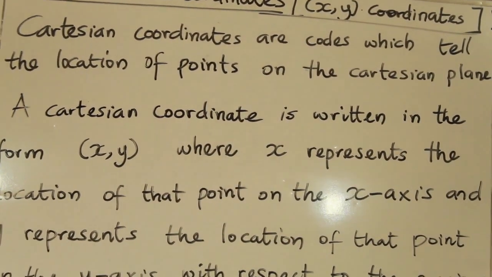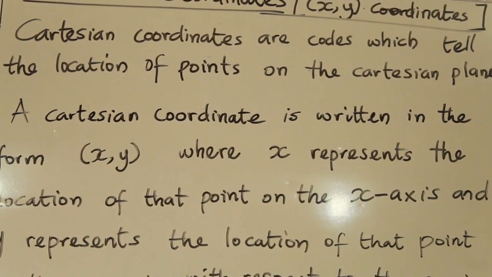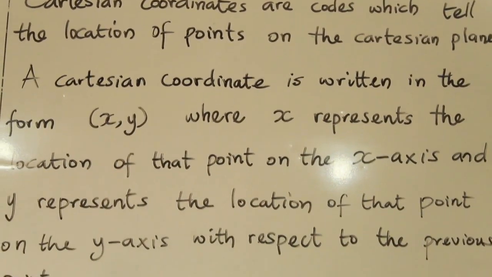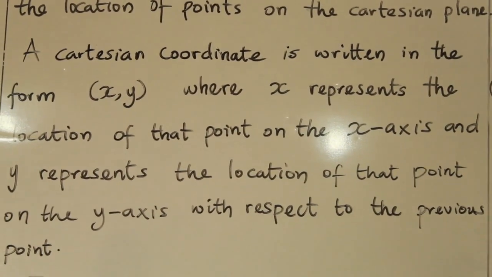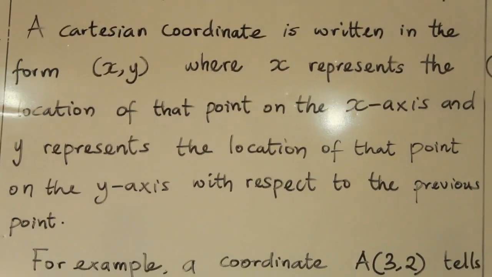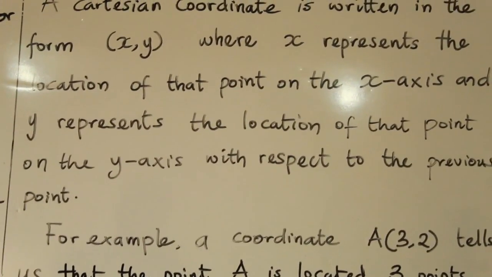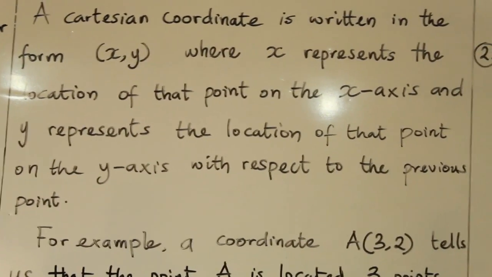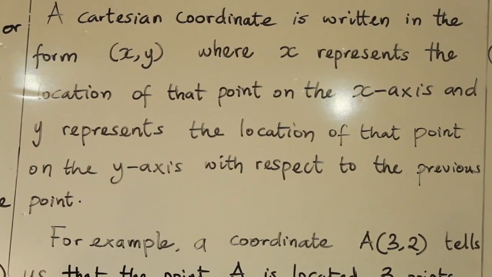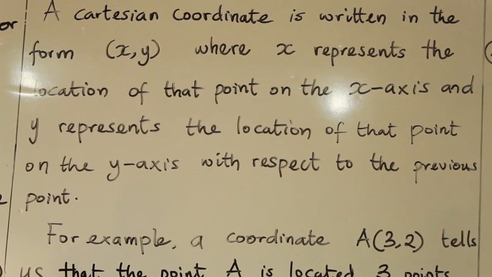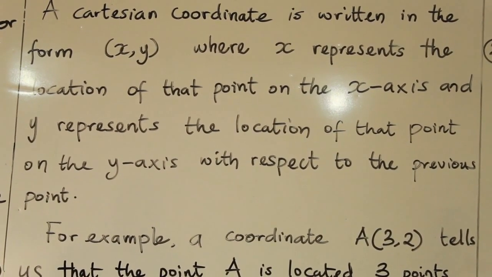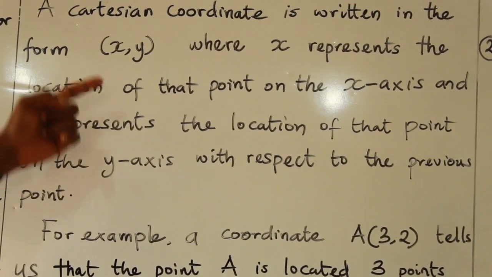Now, how are Cartesian coordinates written? Like we saw in the origin, the point of origin is written in the form something, comma, something else. The origin is 0, 0.